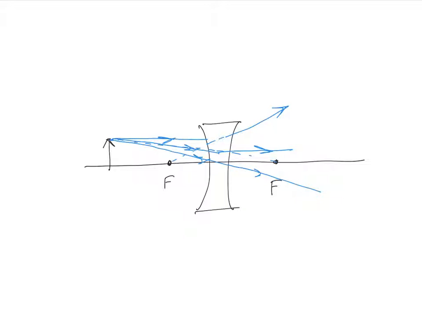If we trace all these back, they actually appear to sort of intersect right here, and that is where our image is formed. It's virtual and it's upright. It's also smaller.